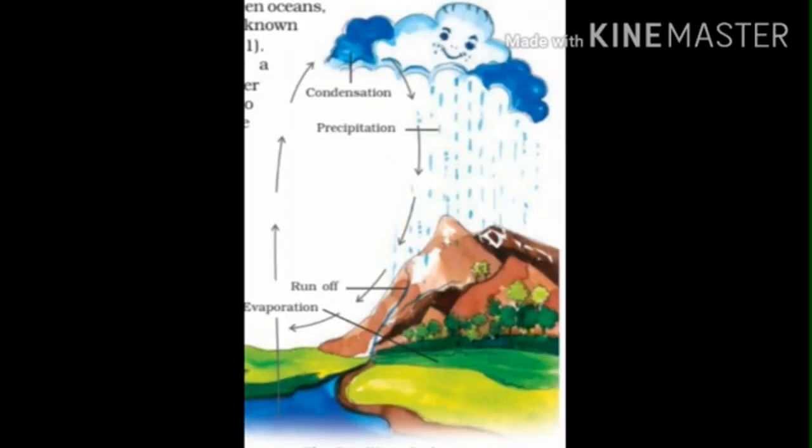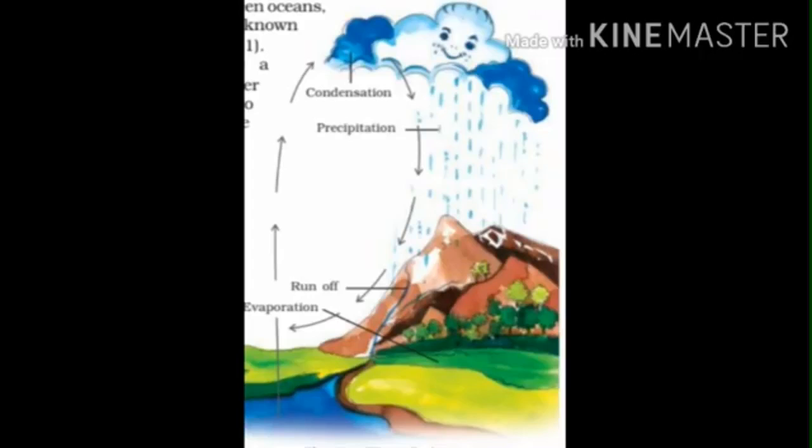Then condensation, the conversion of vapor into liquid form. Finally, what is precipitation? Yes, the falling of water on the earth's surface in the liquid or solid form is called precipitation. Clear children? Due to that precipitation, the water again reaches rivers, lakes, seas or under the ground.